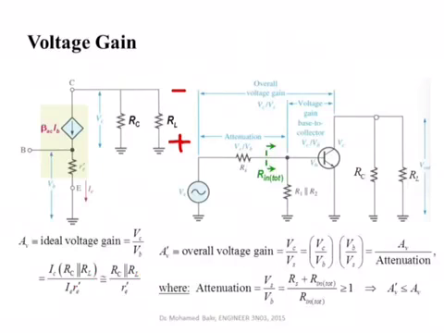But the true gain is really the ratio between the output voltage, which is the collector voltage, to the signal voltage. The difference between the signal voltage and the base voltage is the voltage divider we talked about earlier. We replaced everything to the right here by something we called Rn total.